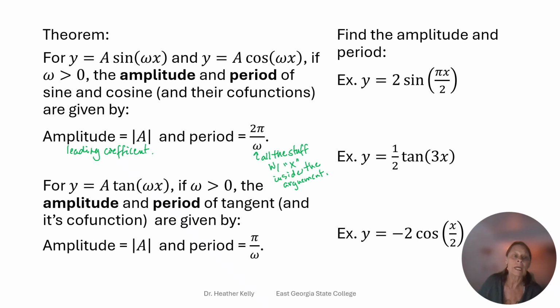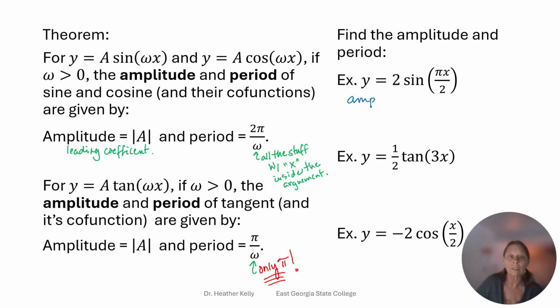Okay, for tan and its cofunction, the period is pi over omega, not 2 pi, it's just pi over omega. And the amplitude is the same. So let's just find the amplitude and the period of a few examples here.